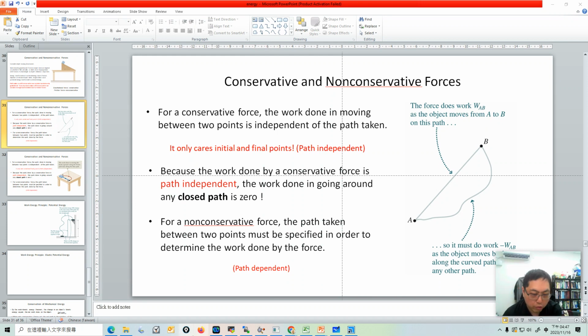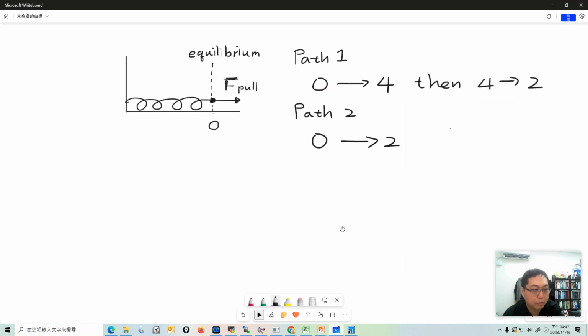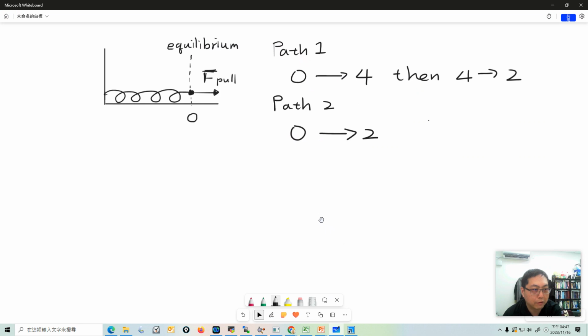Let me start with a very simple example. Suppose we have a spring, and we pull the spring along two paths. Initially the spring is unstretched, which means it is at its equilibrium position.